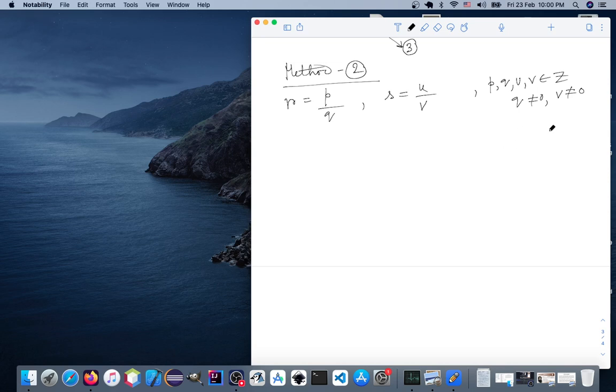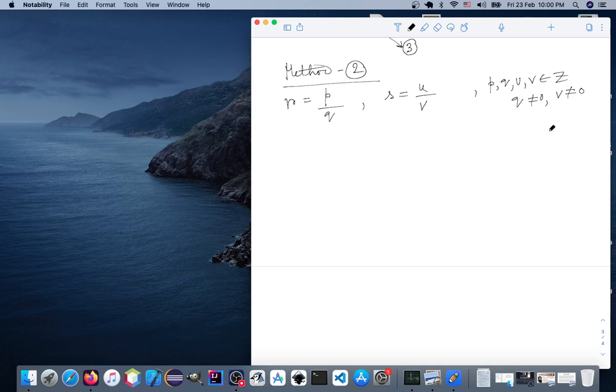Equivalent rational numbers means numbers which get reduced to the same simplest form, like half and 2 by 4 are equivalent rational numbers, because 2 by 4 can be reduced to half.